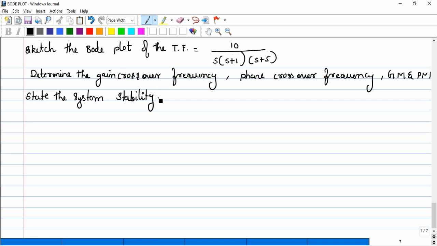Here we need to identify the gain crossover, phase crossover, gain margin, phase margin, and comment on stability. All this I will explain while solving step by step. Okay, here we have a few steps to follow. The first step is to consider the... let me start with the solution.